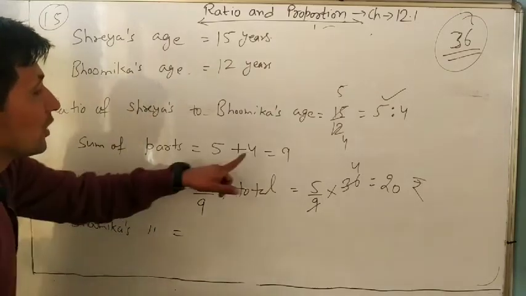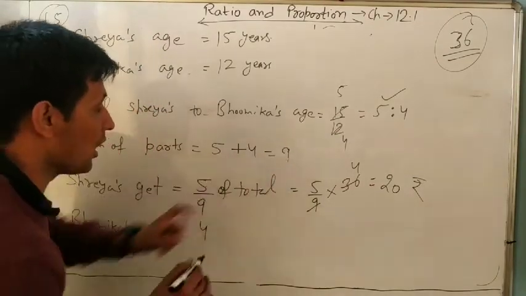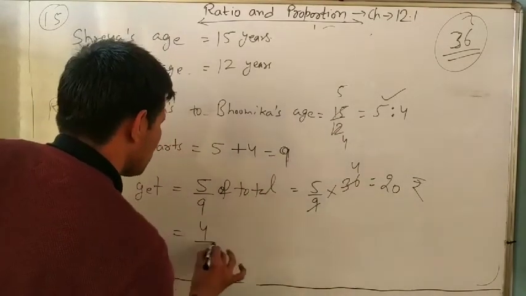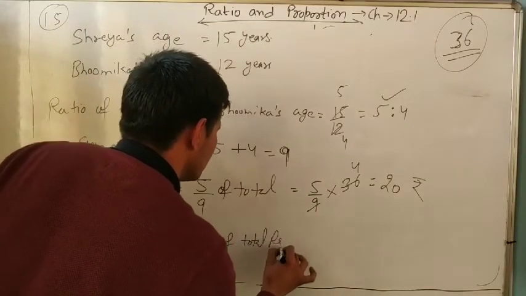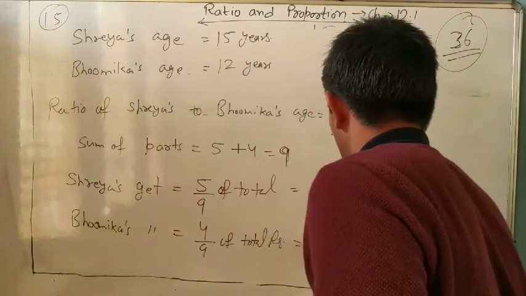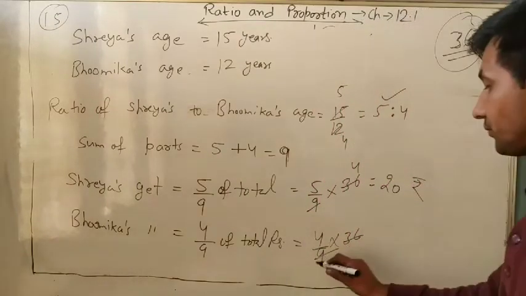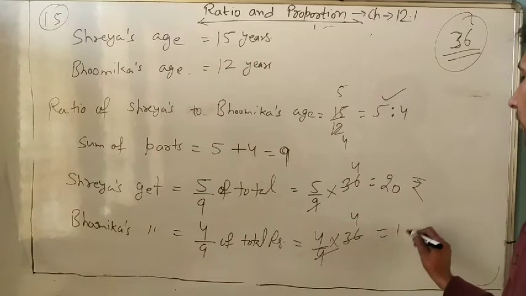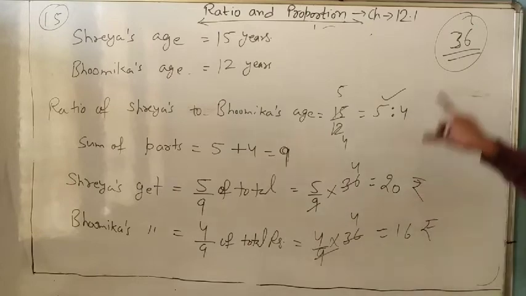Same as it is, Bhumika's share. Bhumika's is 4, and 4 is out of 9 of the total rupees. So 4 upon 9 into 36. 9 fours are 36. How many rupees does she get? Bhumika gets 16. 20 plus 16 is 36.